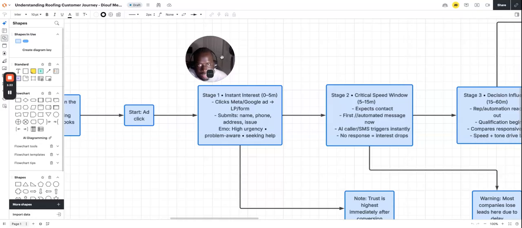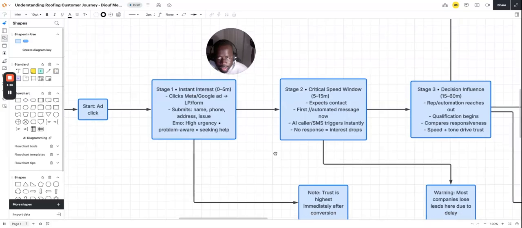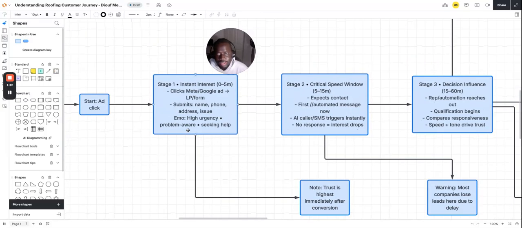And what happens is that they click and they fill out some sort of intake form, right? They submit their name, phone number, address, the issue they're dealing with. And then at this point, emotionally, they're in a high urgency state. What that means is that they are looking to solve their problem now. So right now is when their buying temperature is the highest and it's the perfect time to engage them.